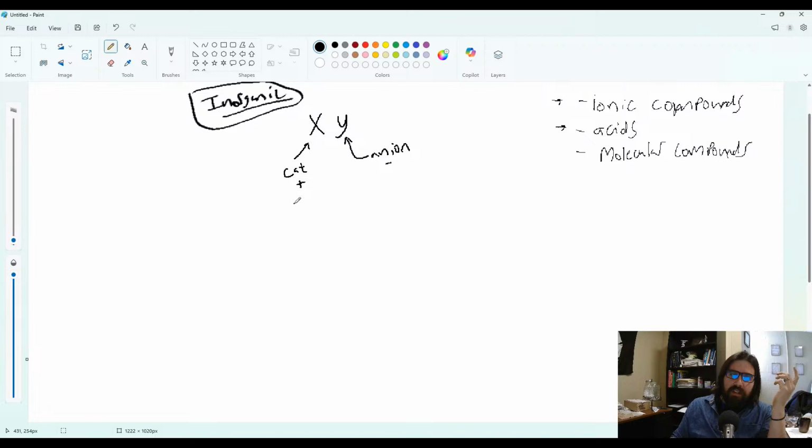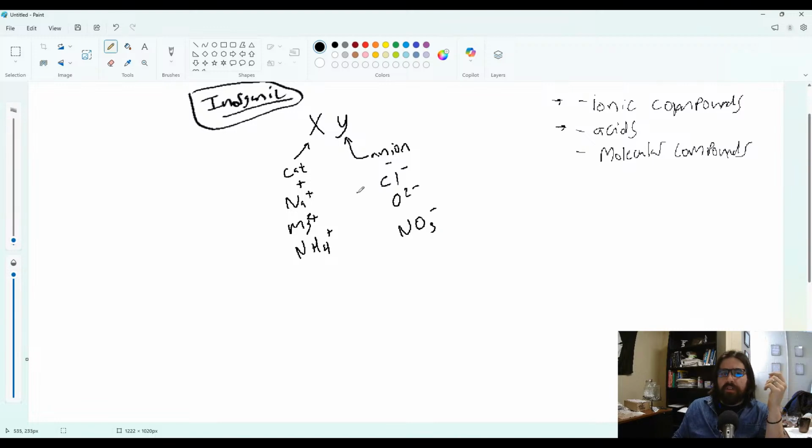For example, for the cations we can have something like sodium, magnesium 2+, or ammonium. And on the anion side, we have something like chlorine, oxygen, or nitrate.